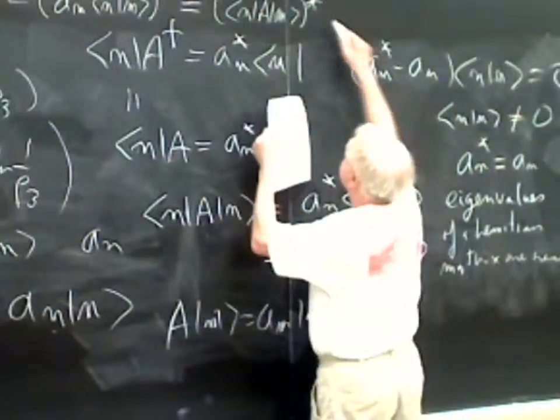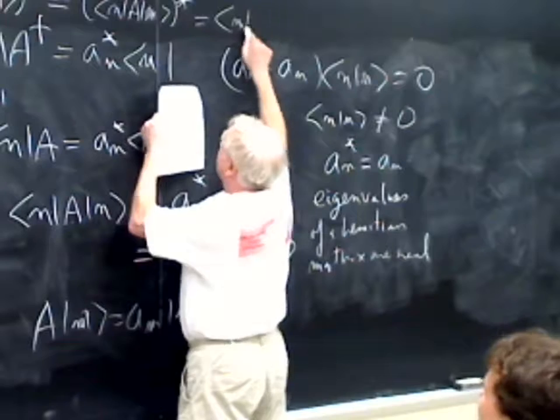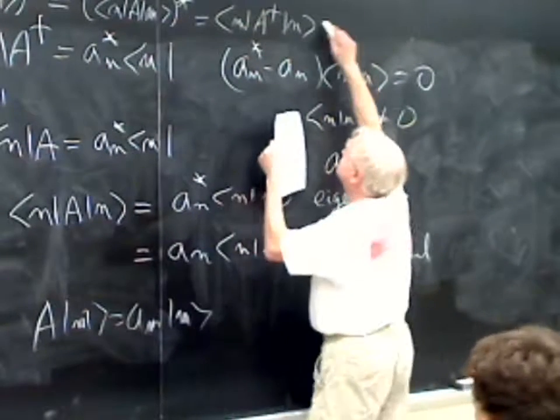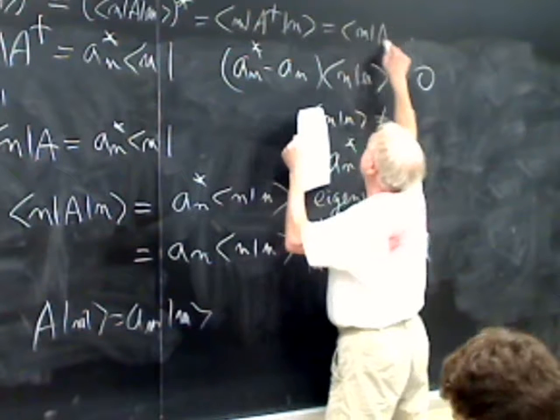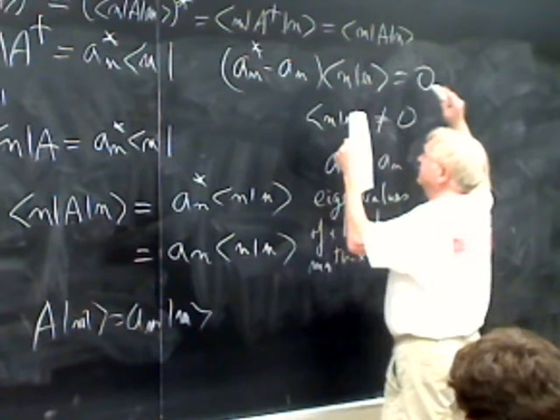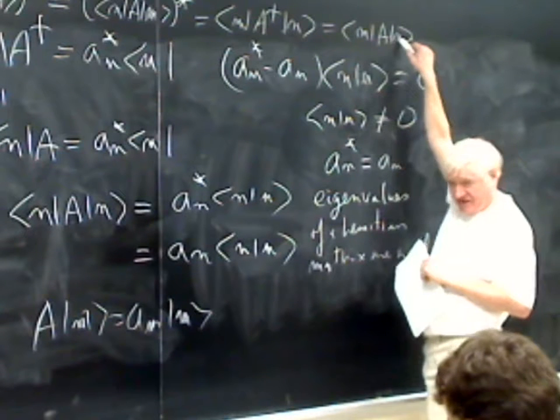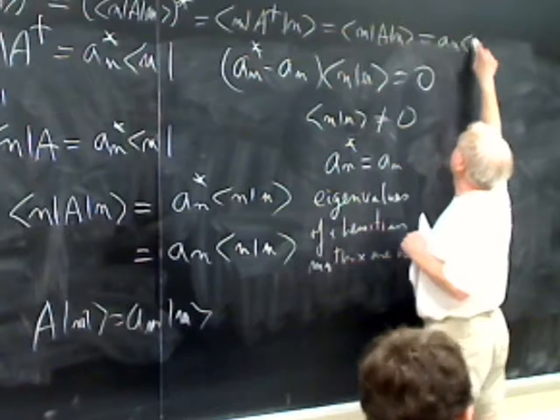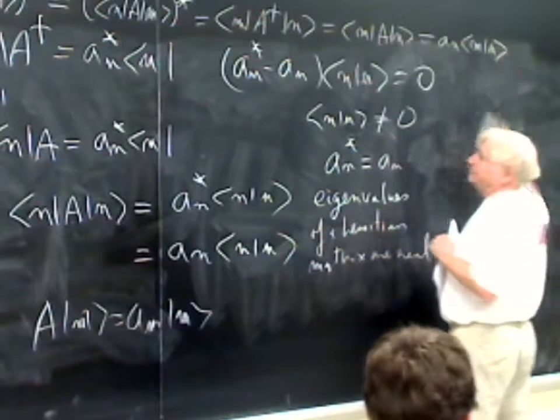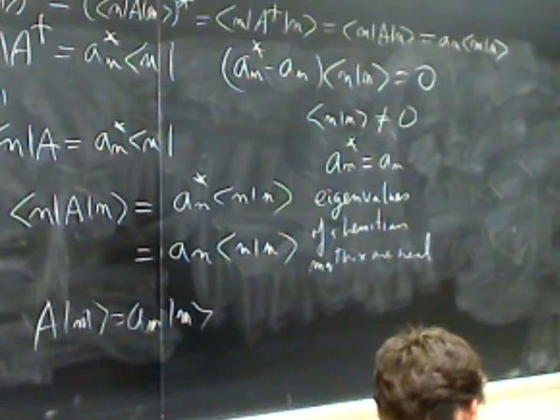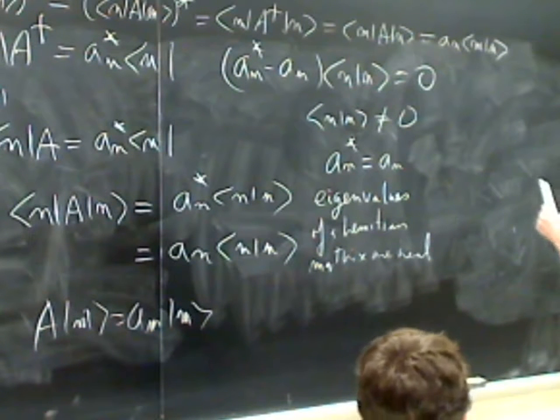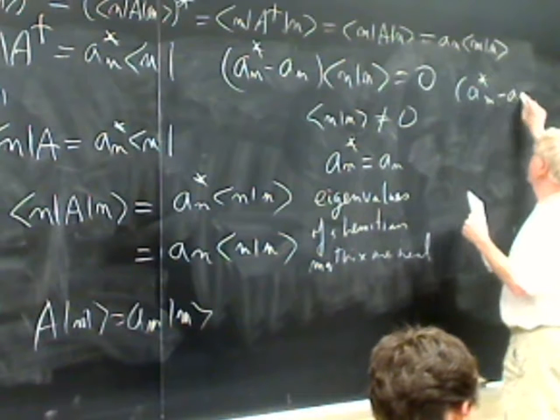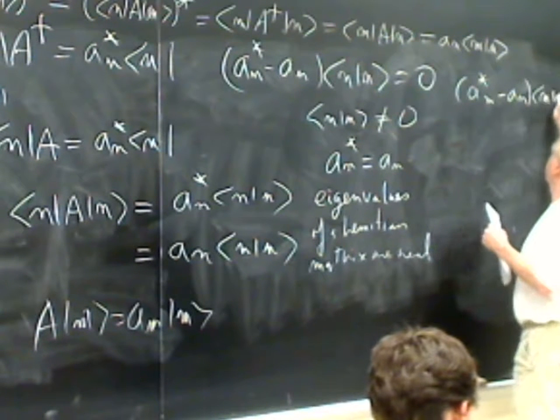And this is equal to <m|A dagger|n>, but A is Hermitian, so this is equal to <m|A|n>. And then n is an eigenvector of A with eigenvalue a_n, so this is a_n <m|n>.